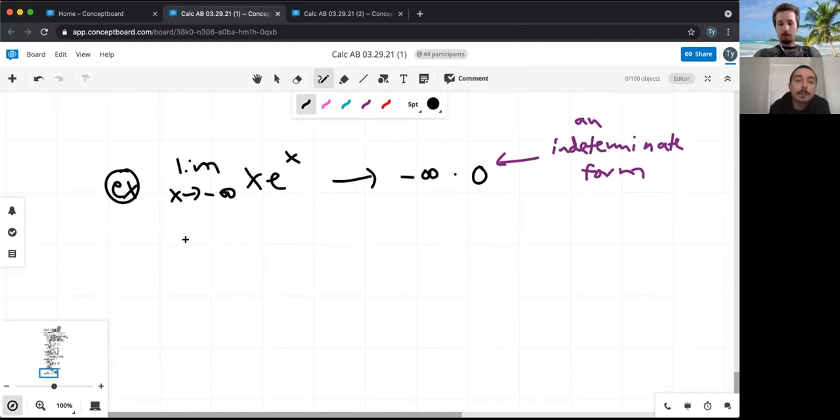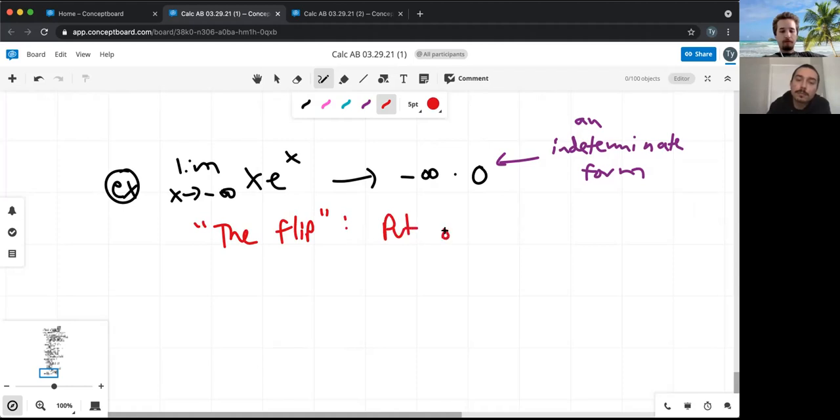We have some options for rearranging it. This is kind of what, I don't think people call this, but I've been calling it the flip. It's a trick for doing this. Try to put one of these pieces in the denominator.